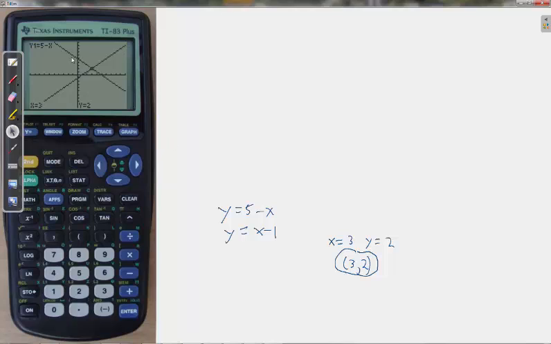about what graphs are. Graphs are visual representations of the solutions of an equation. So along this line is every solution of y equals 5 minus x, and along this line is every solution of y equals x minus 1.